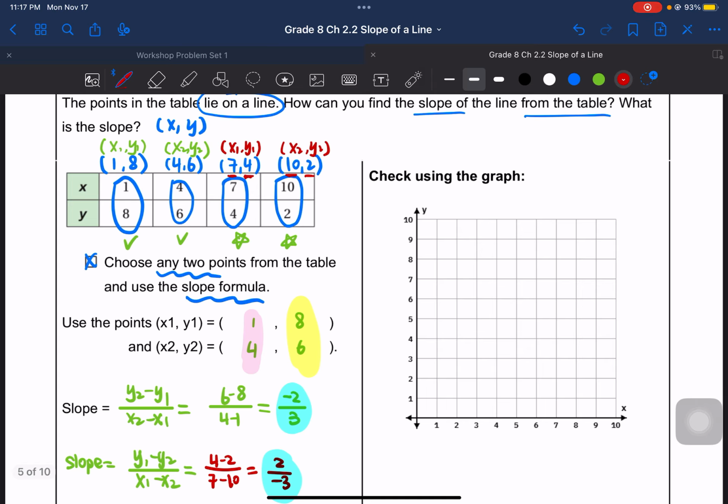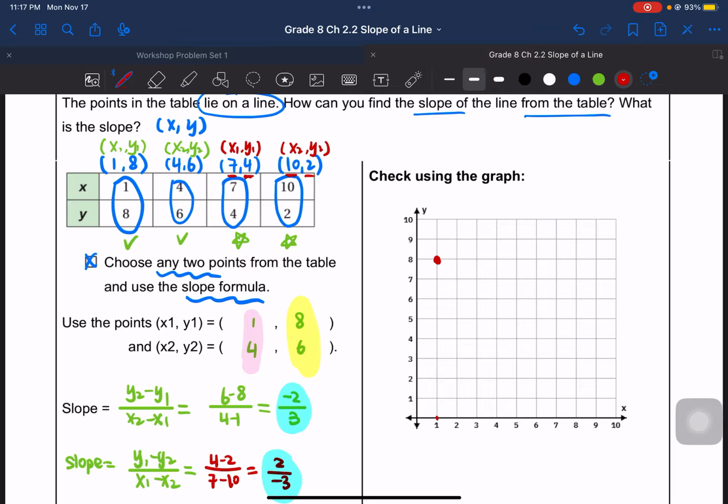So let's see, if we want to check using the graph. If you remember, in the first class of this chapter section, we found the slope by counting the boxes. And before we do that, we need to plot all the points. So the first point is 1, 8. We find 1 on the x-axis, and then we go up 8 units. This is our first point.